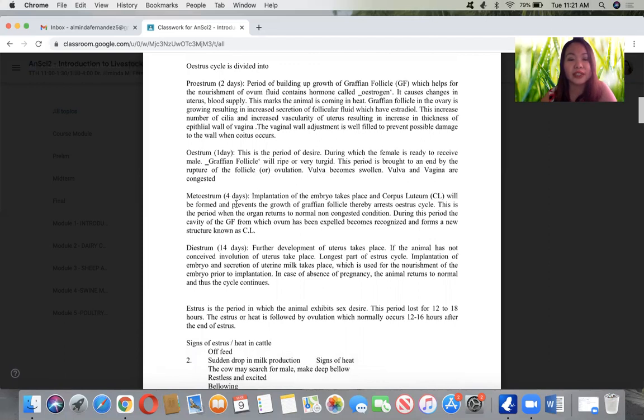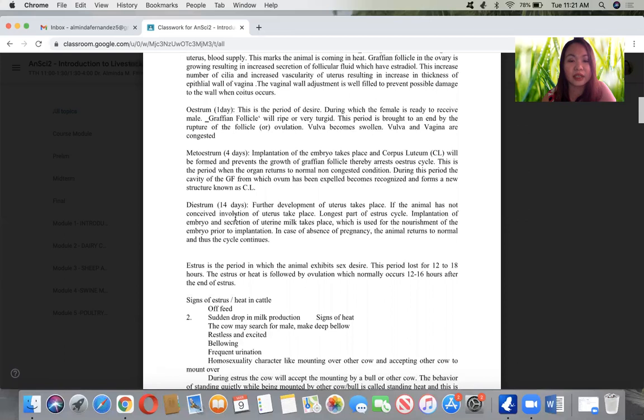In the metoestrum naman, the implantation of the embryo takes place on the corpus luteum, which forms and prevents the growth of the graafian follicle, thereby arresting the estrocycle. So it's ending the estrocycle.